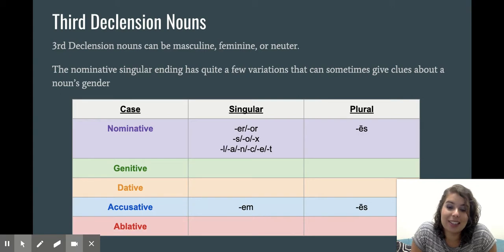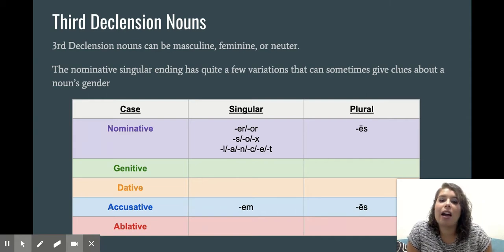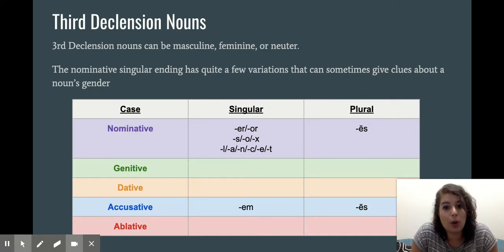I believe this covers all of the options for nominative singular third declension noun endings: ER, OR, S, O, X, L, A, N, C, E, or T. These are our options for what the nominative singular ending might be for a third declension noun.